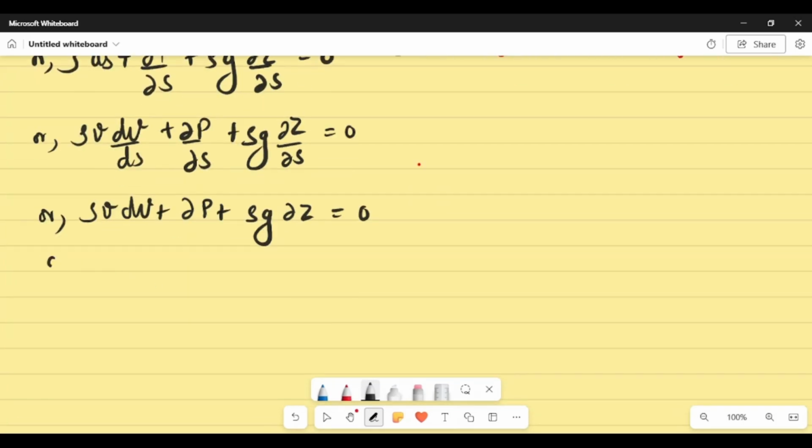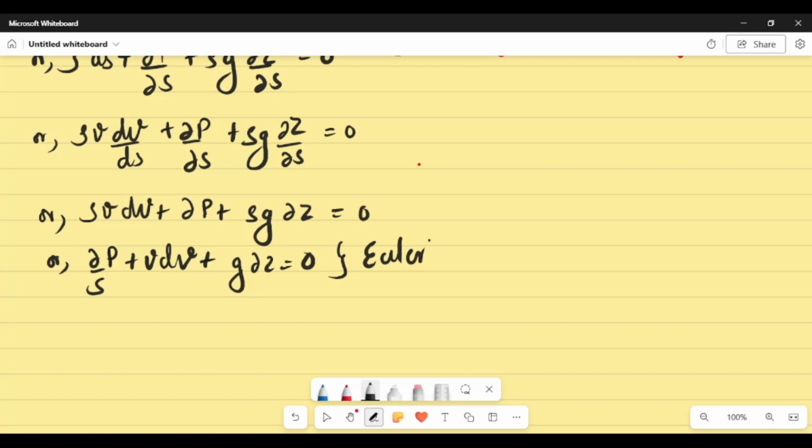Now we can divide by rho, and we get dp by rho plus v dv plus g dz equals 0. This particular expression is known as Euler's equation of motion for fluid flow.